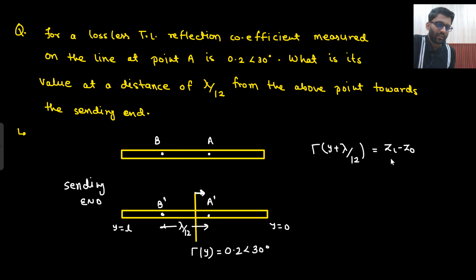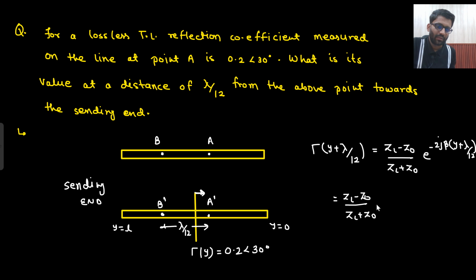ZL minus Z naught upon ZL plus Z naught e to the power, and this is a lossless transmission line, so minus 2j beta into y plus lambda by 12. Can I break it down in this manner? ZL minus Z naught upon ZL plus Z naught e to the power minus 2j beta y, e to the power minus 2j beta lambda by 12, right?